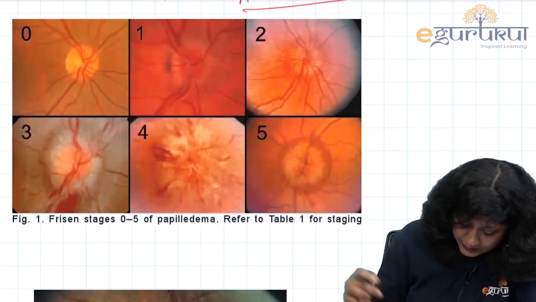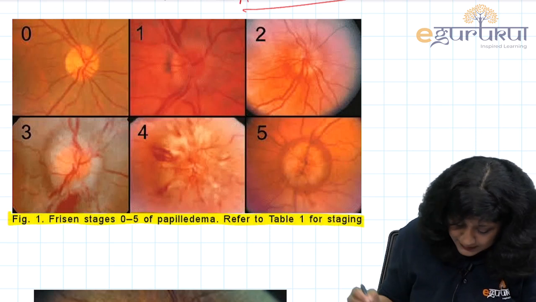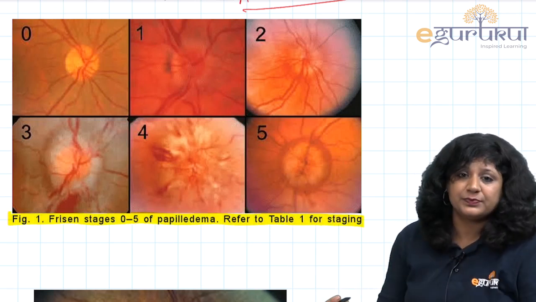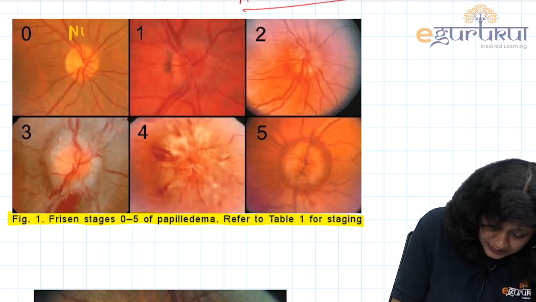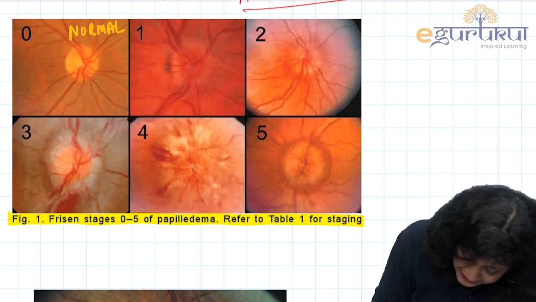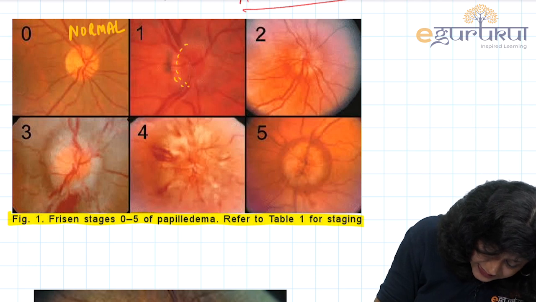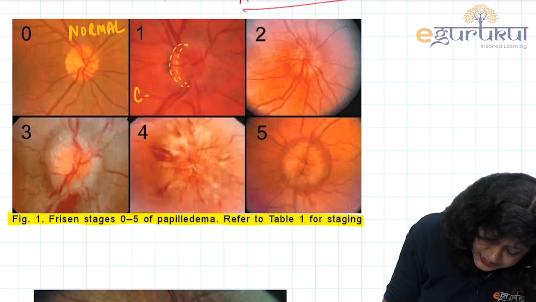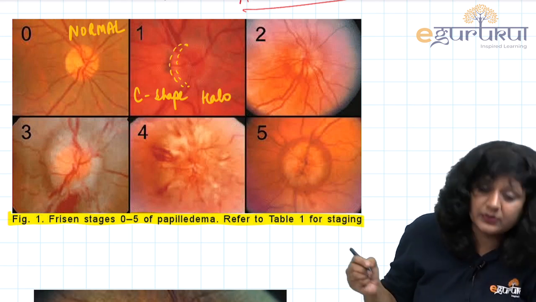Now a very important grading that we usually follow in the cases of papilloedema is the Frisén staging. Okay, so can you see this is your normal, the first is your normal, is this visible? Yes. Then in the second one, we are just getting a gray C-shaped halo. This is called the C-shaped halo, right?